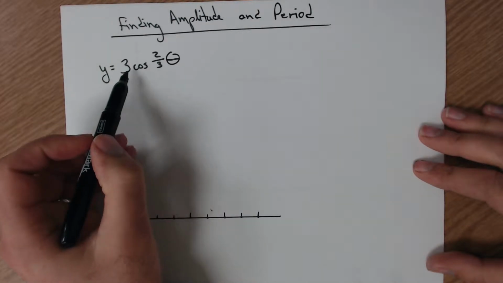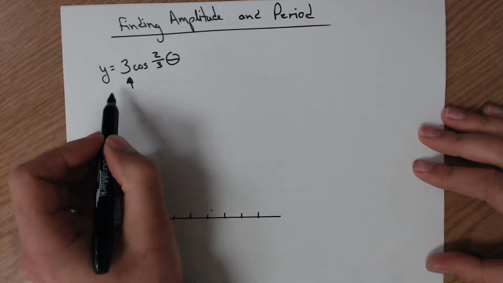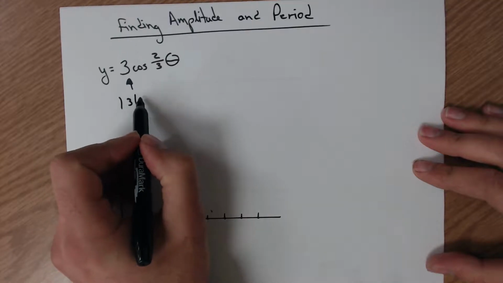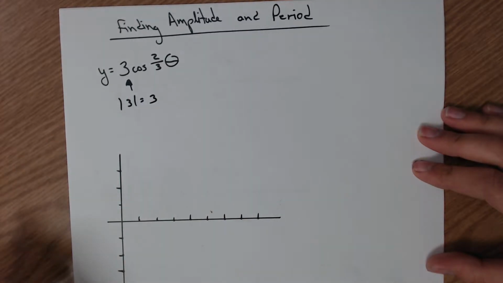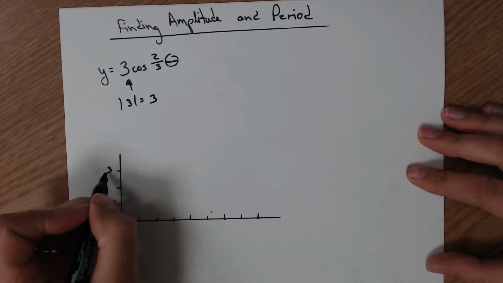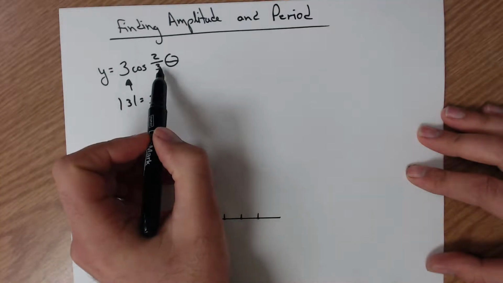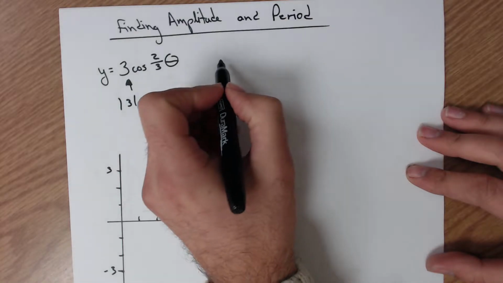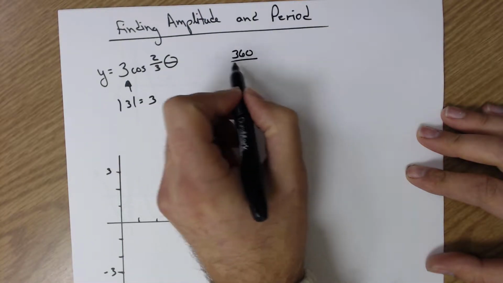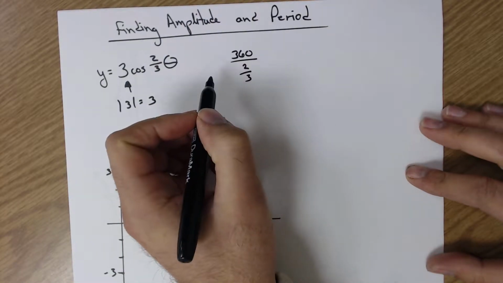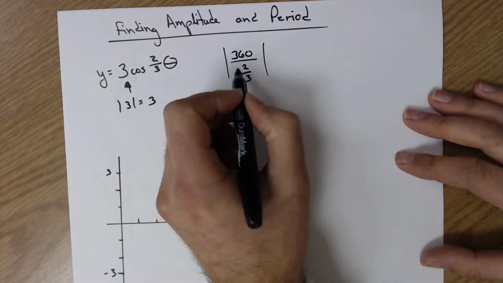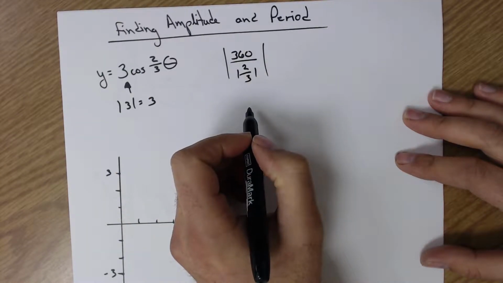Our amplitude from this one still comes from our first number. So that's the absolute value of 3, still a regular 3. So I'm up at 3, down at negative 3. Our B value is a little bit more complicated. 360 divided by 2/3. Oh, sorry, the absolute value should just be on the bottom.